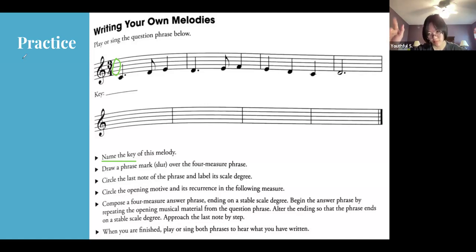Major or minor? Major, yes. So this key is C major. Basically, you look at the key signature, there's nothing there, so it has to be C major or A minor. And then you can see all of the C's here, so it must be C. Okay, so draw a phrase mark. I'll just draw one. Circle the last note.